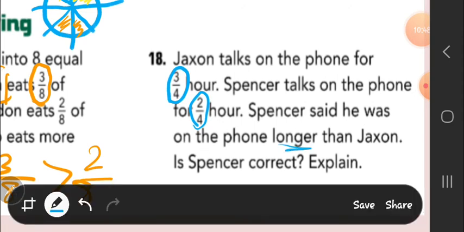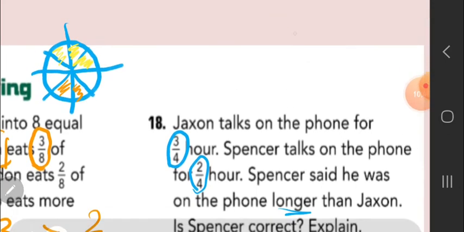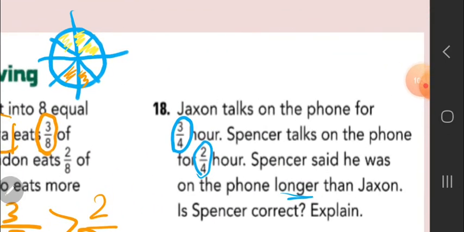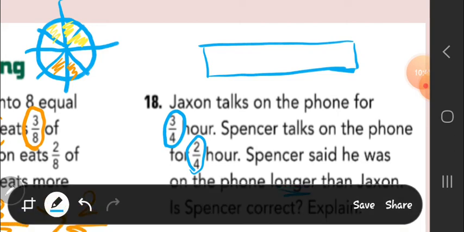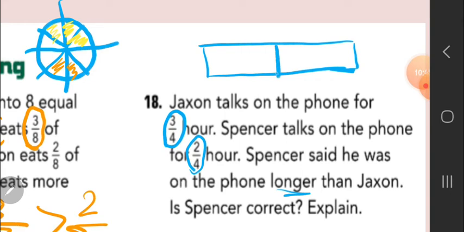Longer, that means greater. Is this correct? I can do it as a bar because it's talking about how long. It's like a distance, it's a time. So you will cut it into 2 equal pieces, and then this one you will cut into another 2.